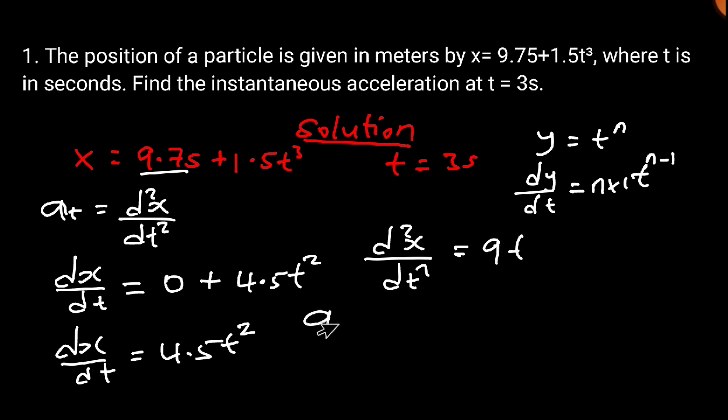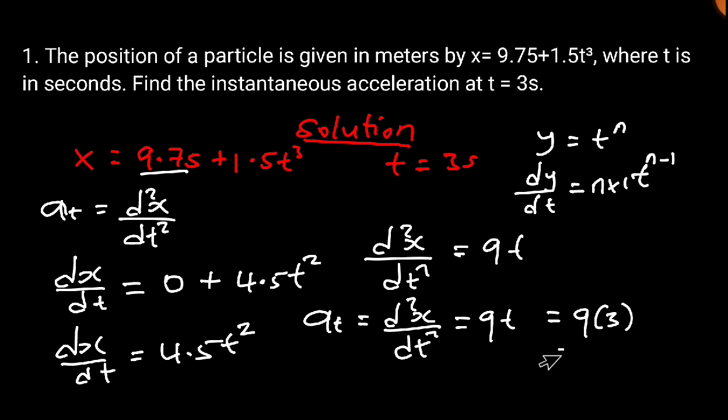So we have that the instantaneous acceleration, d squared x over dt squared, is equal to 9t. If you plug in the value of t, which is 3, we have 9 multiplied by 3, which is equal to 27 meters per second squared. So this is the instantaneous acceleration.